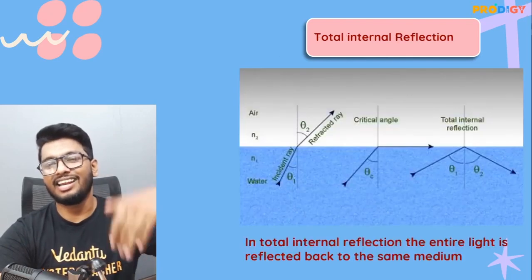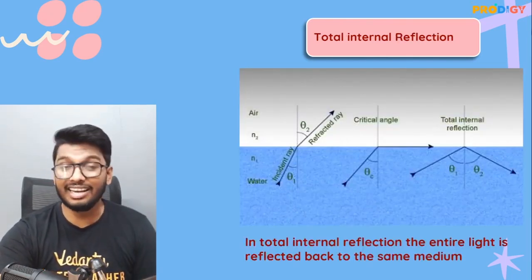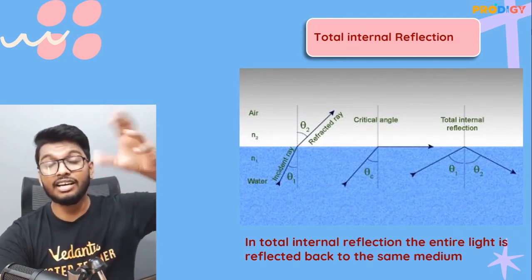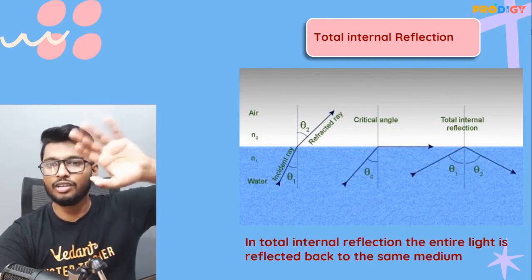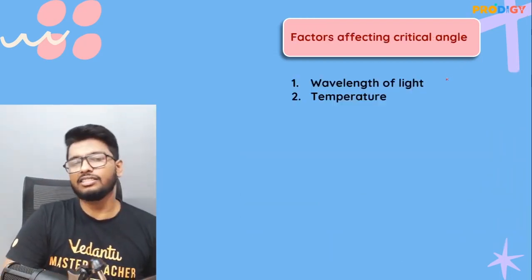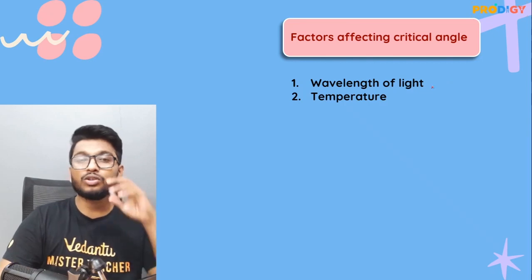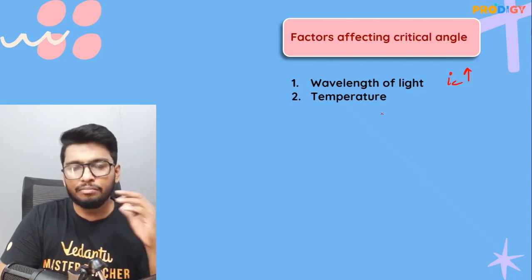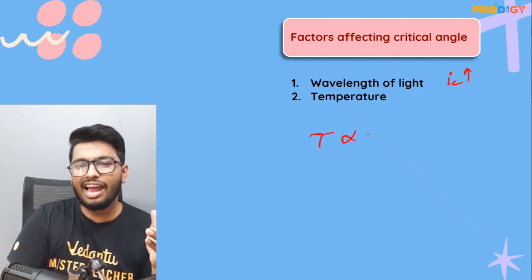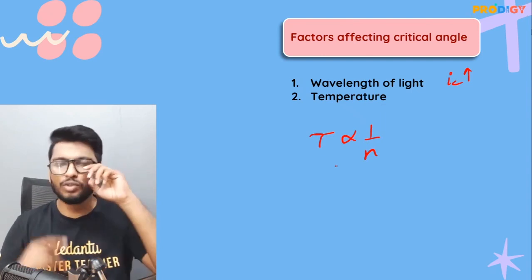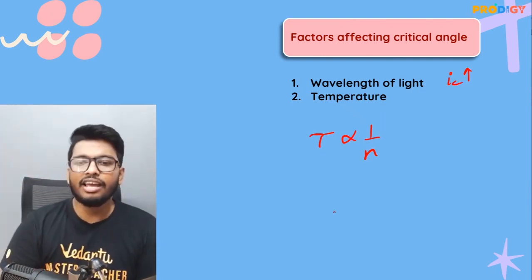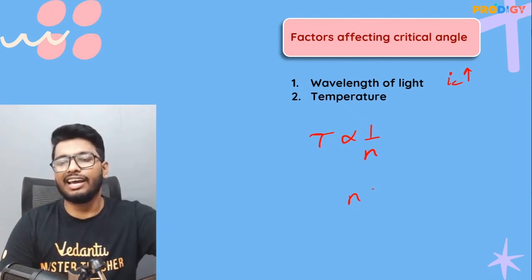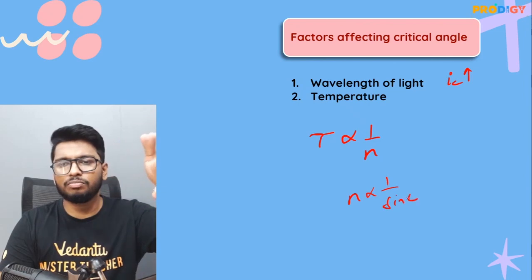And the more the temperature, the greater the critical angle as well, because as the temperature increases, the refractive index decreases, and if the refractive index decreases, the critical angle will increase.